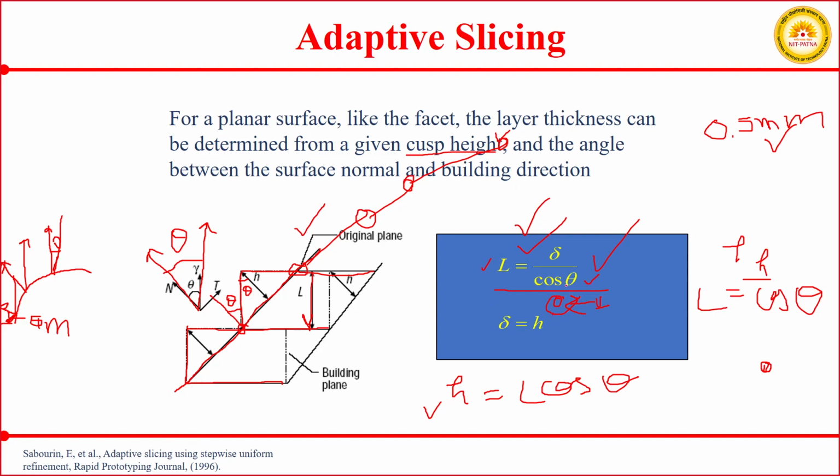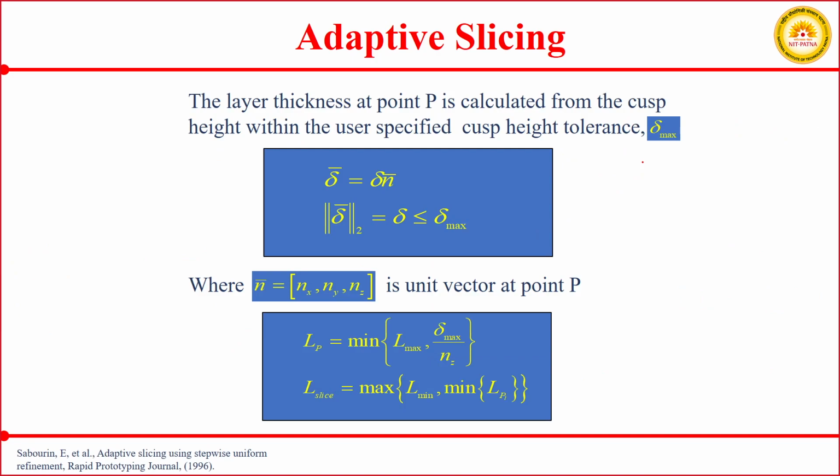Initially it will be very small, and it will be slightly less than 1 at the end of this particular surface. This way you can choose the adaptive layer height when you are slicing the component using the adaptive slicing method.